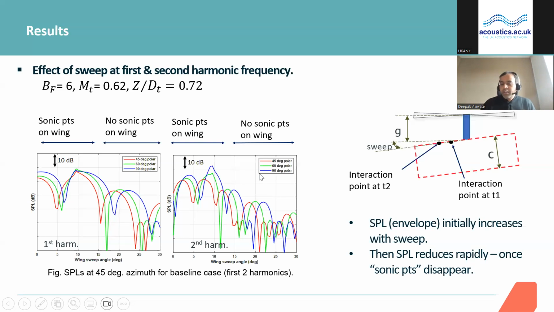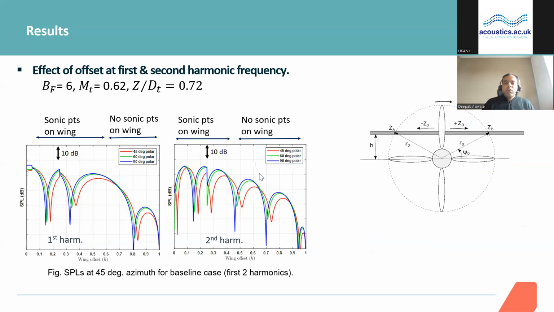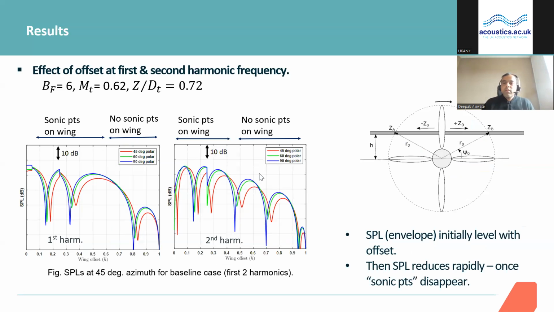I will explain in a moment what is meant by a sonic point along the wing leading edge. We saw similar behavior for the wing offset as well, where the interaction noise source tries to maintain until some offset value, and then it drastically reduces, which can again be related to the existence of a sonic point.